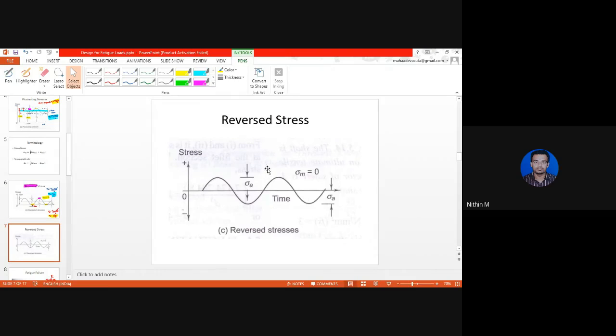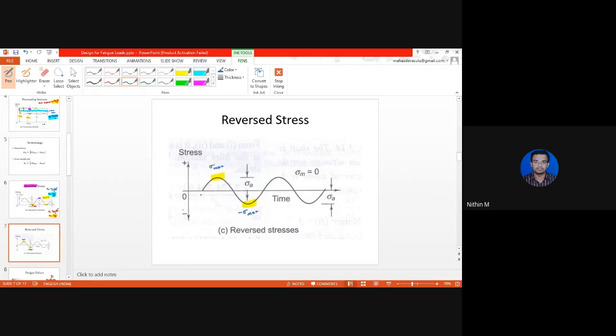Now let us look at another case. You observe, this is the maximum stress induced, this is the minimum stress induced. The maximum stress induced is sigma max. The minimum stress induced here is minus sigma max. What does that mean? If sigma max is 100 MPa, the minimum stress induced in the component is minus 100 MPa.